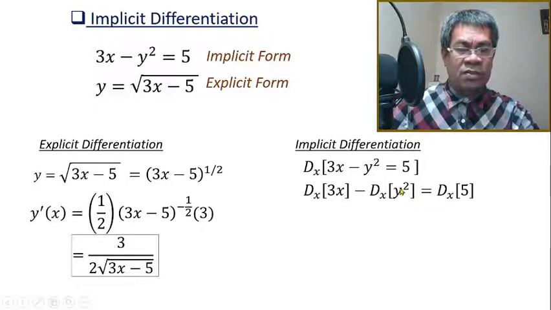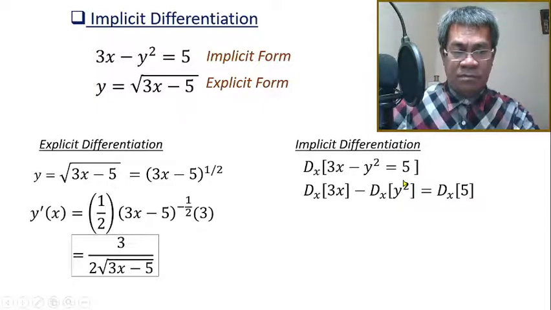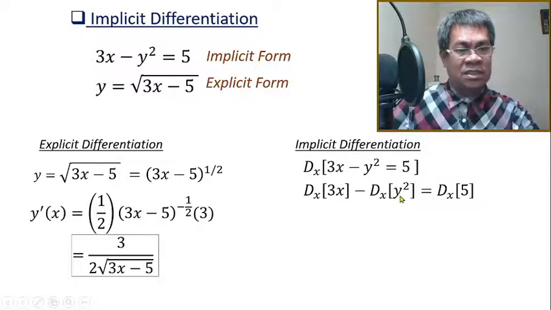Now, all you need to do is first think of this as x. So imagine that this is x. So if this is x, then you have to use the power rule. So this will become 2x raised to 1. Okay? But take note that this is not x. So all you need to do after bringing down this 2, and this is y raised to 1, is multiply this with the derivative of y.